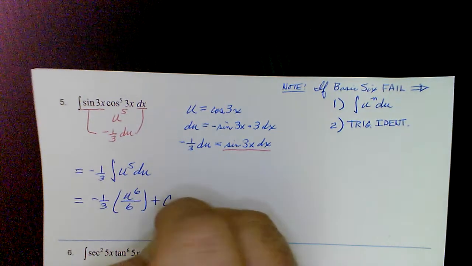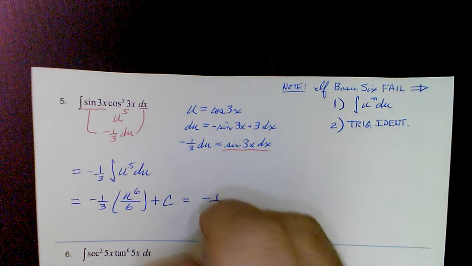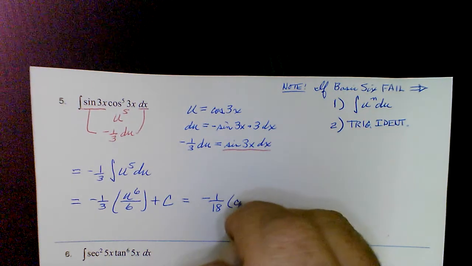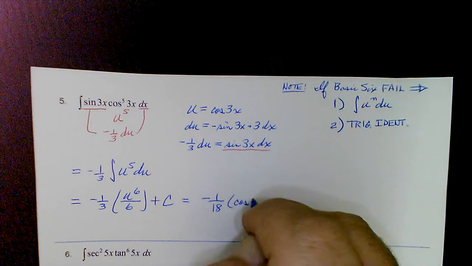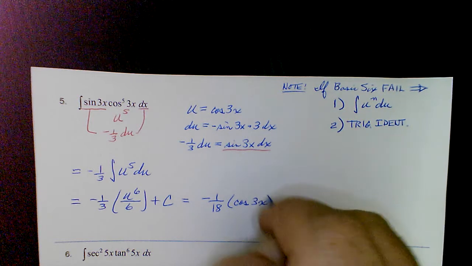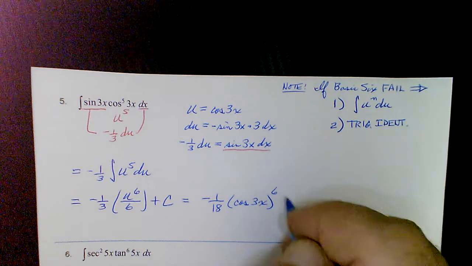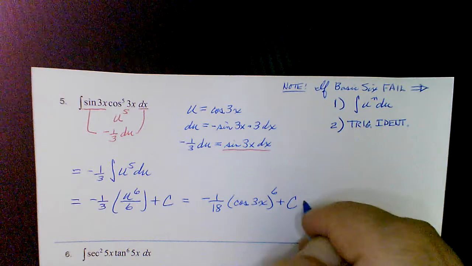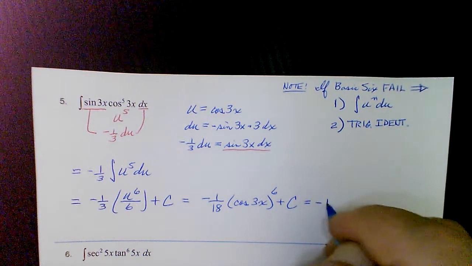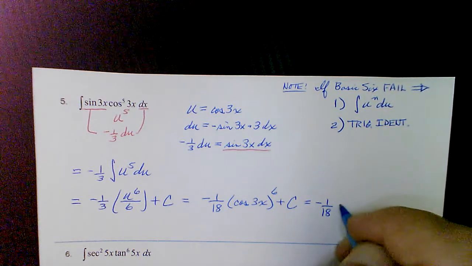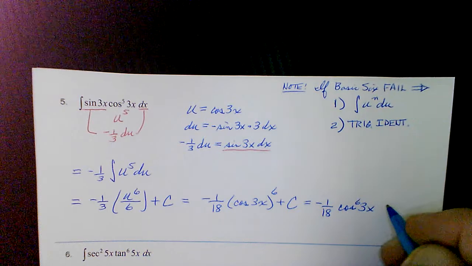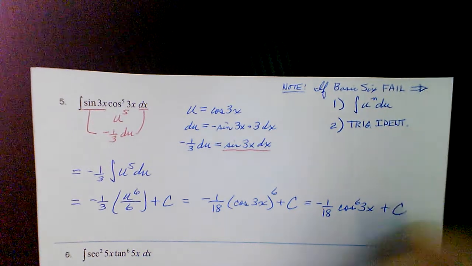Add our constant of integration, and manipulate the coefficients, minus 1/18. If you put back substitute here, if you put back cosine of 3x in parentheses as a quantity to the 6th, I suppose that's okay, but in the future, I'm going to go right to shorthand and just simply write this as cosine to the 6th of 3x, plus our constant.